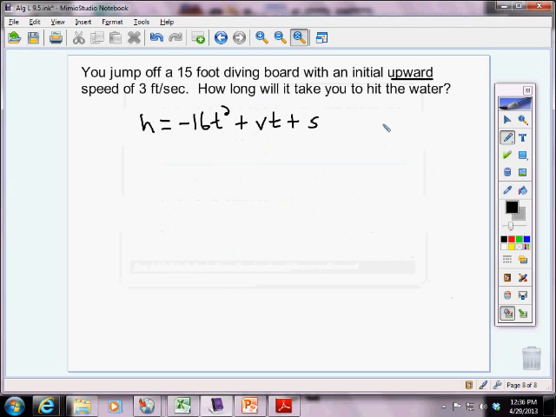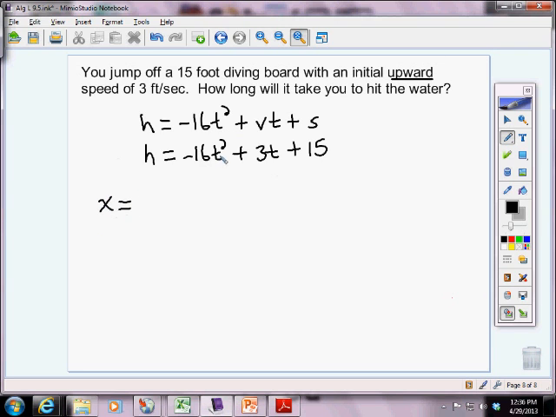Okay, so now let's fill in this information. Our height equals negative 16 times our time squared, plus we're having an upward velocity of 3 feet per second, and our initial height is 15. Once we have that filled in, we can use our quadratic formula.